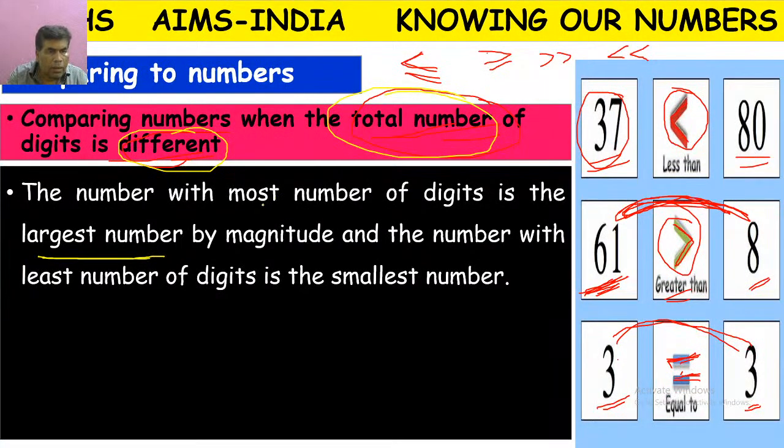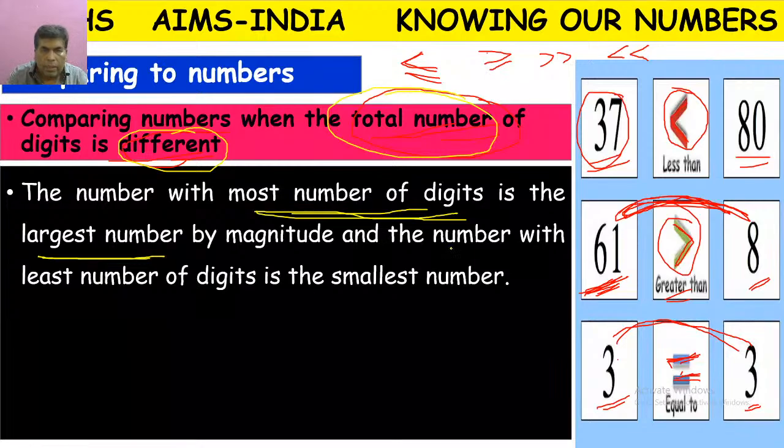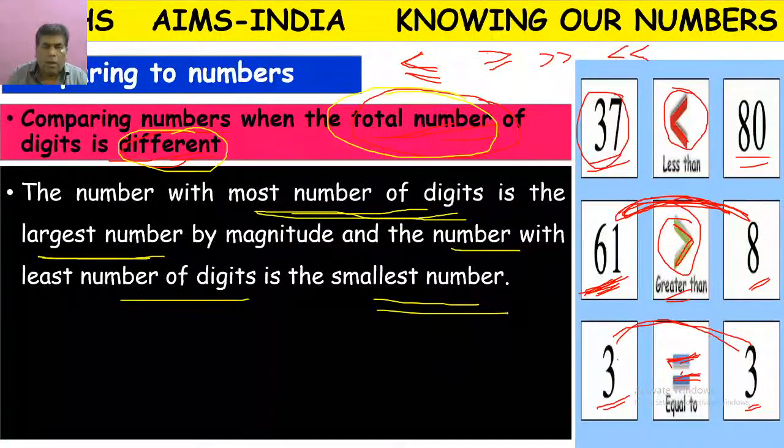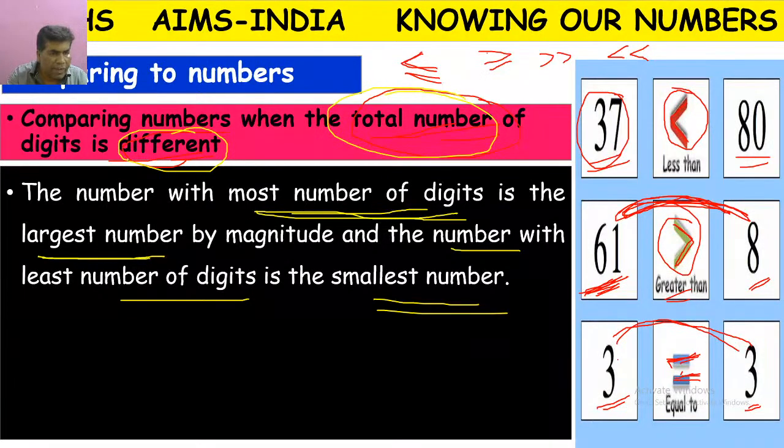The number having the most number of digits is considered the largest number. The number with the least number of digits is considered the smallest number, because the number of digits are different.